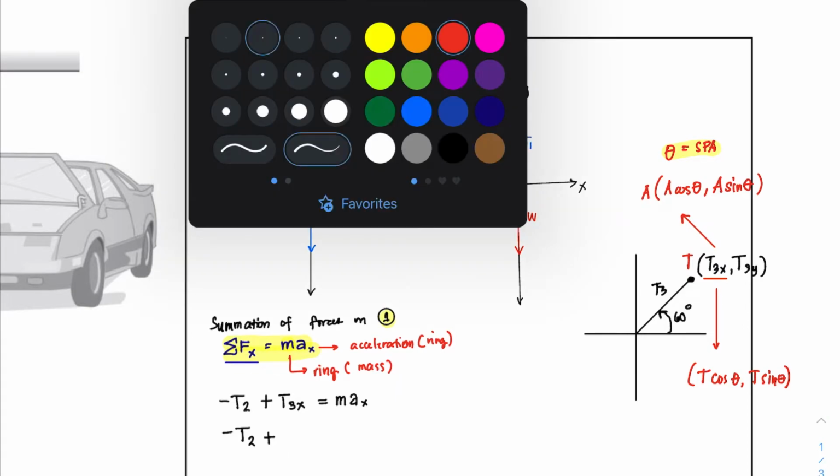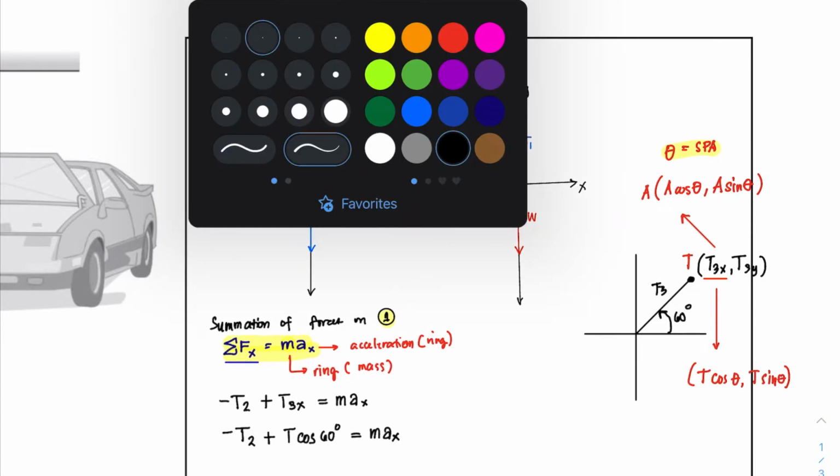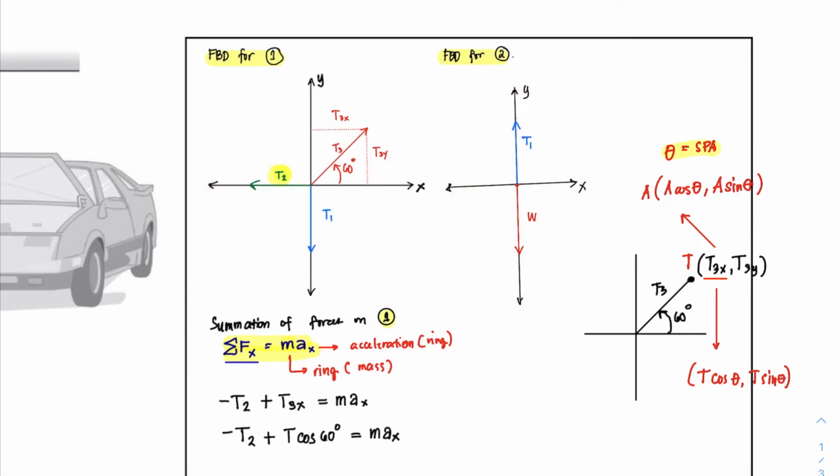So basically, you will just get from this one, T, I have red, this is just T cosine of 60 degrees, since 60 degrees is the angle theta in that case, is equal to m a_x. So basically, this is your equation along x of free body diagram 1.